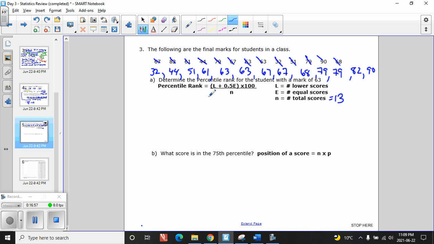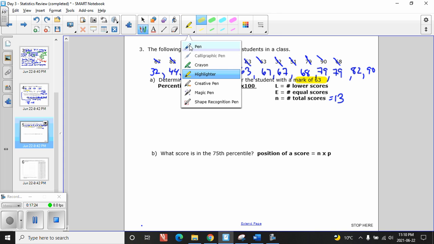So the formula, this is in our notes. This says percentile rank is the number of lower scores plus half times the number of equal scores times 100 divided by the number of scores. And in this one, it asks: what is the percentile rank for a student with a mark of 63?